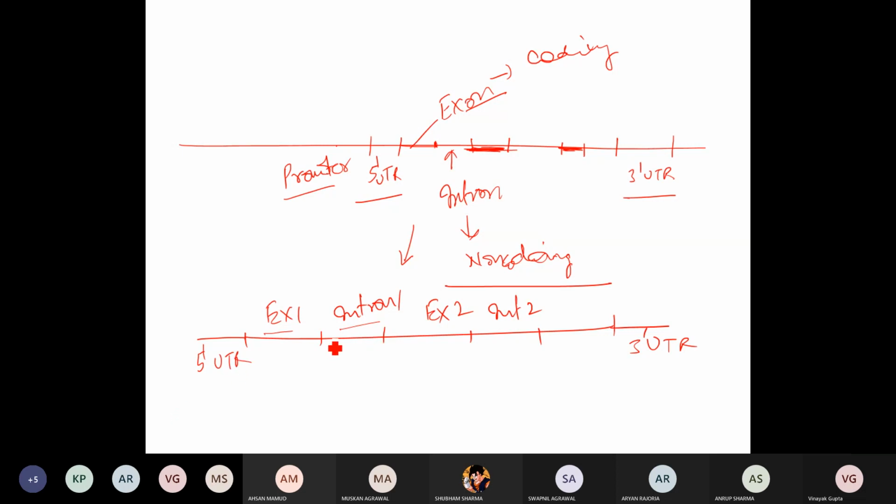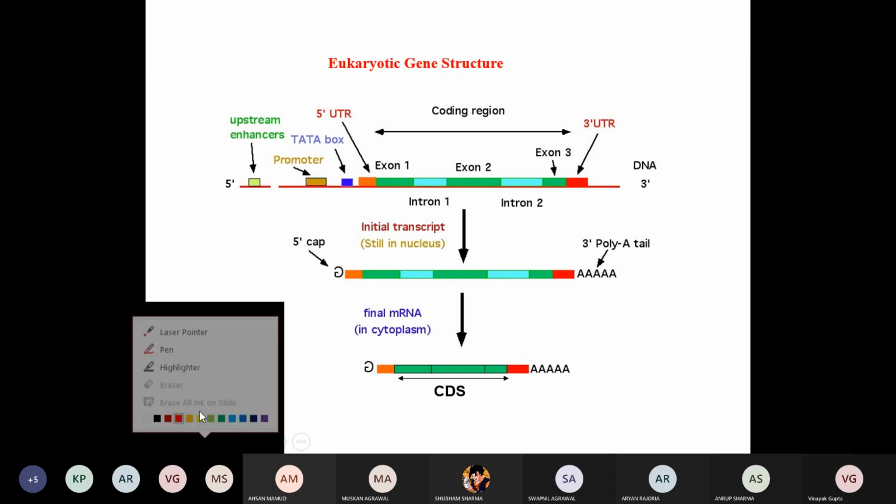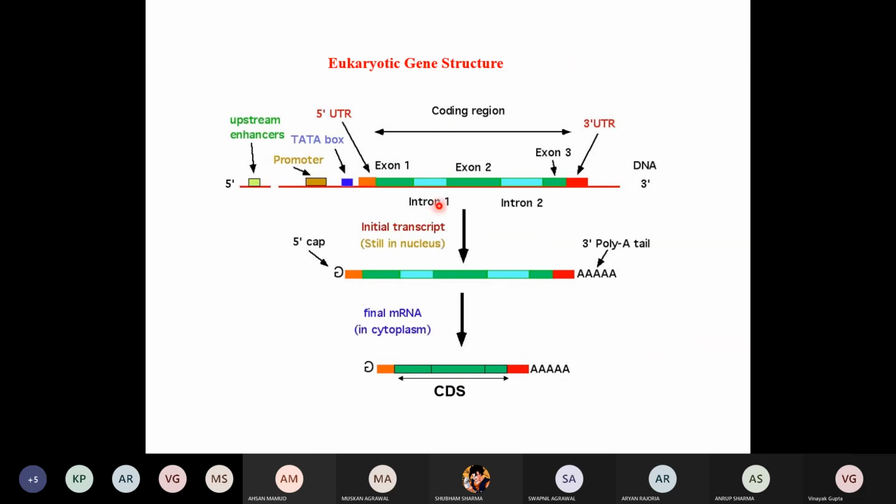Because introns do not code for anything, what is going to happen? This is shown in this diagram. Let's look at it. You can see the exons and introns here. After the transcription, we will have exons and introns, which are depicted here.